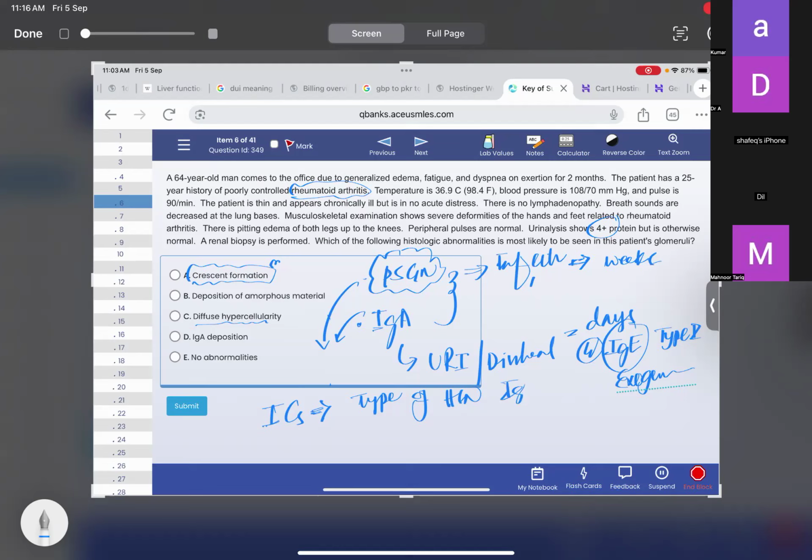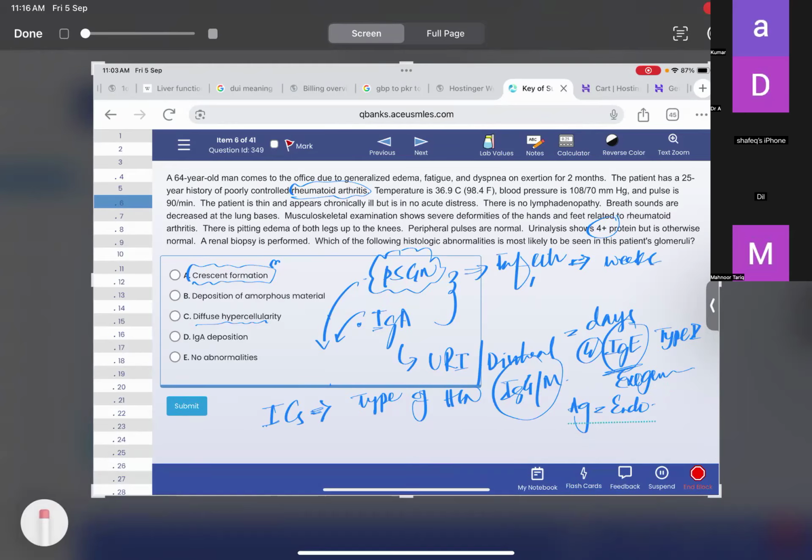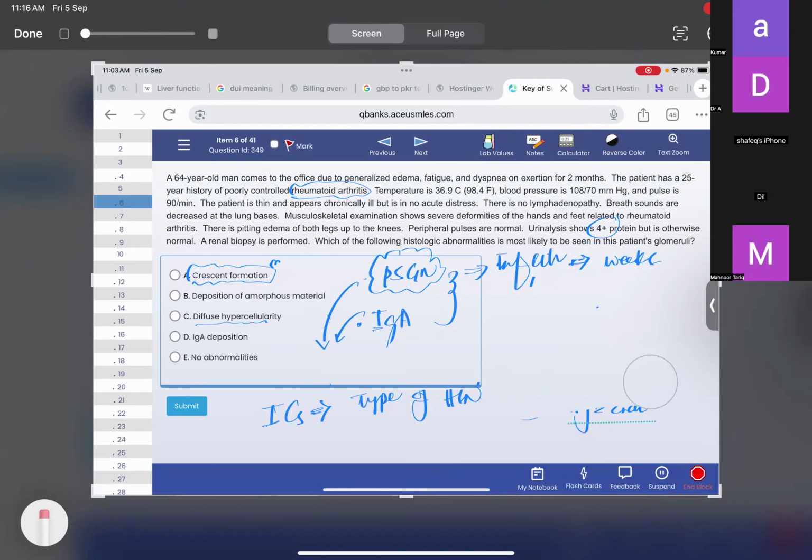Type 2 will be IgG and IgM, but what's the difference here? The antigen will be endogenous. Got this? So if anyone can give me an example of endogenous related to the kidney, anti-GBM.